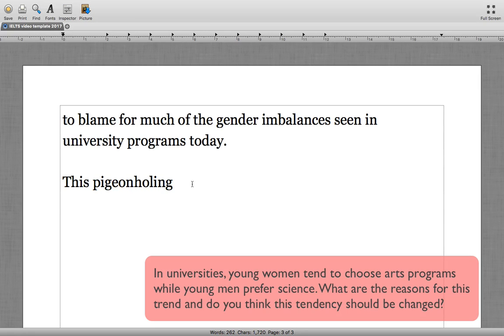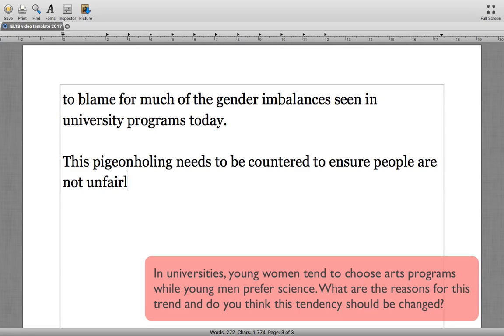This pigeonholing needs to be countered to ensure people are not unfairly excluded from certain university programs.